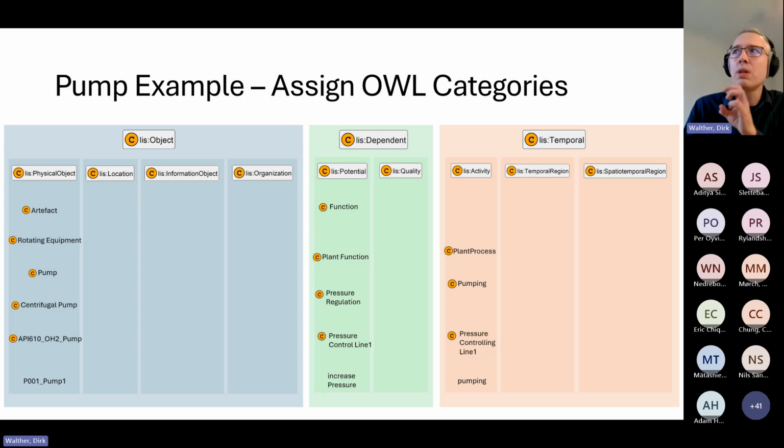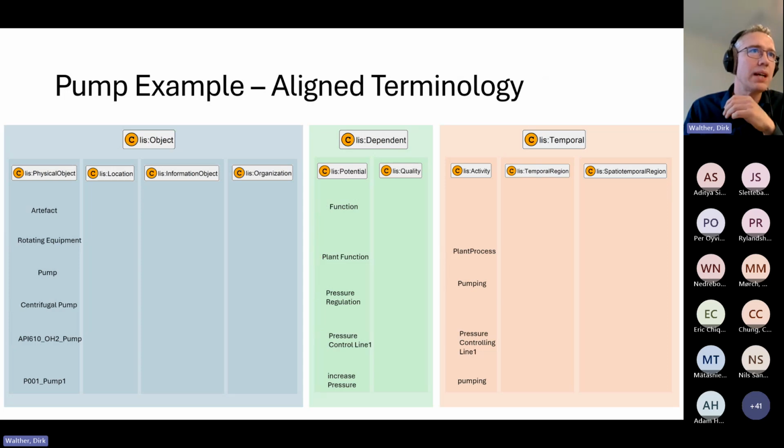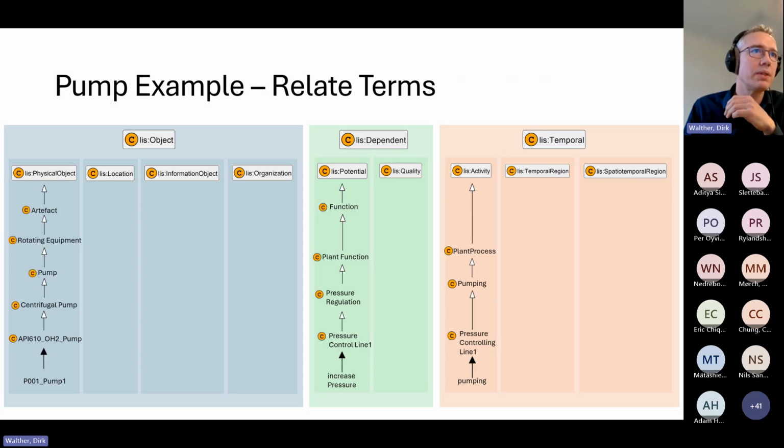Next, we need to relate these terms to one another, at least within their IDO category. So let's do that. We think about it and here are the relations. The arrows with the empty arrowhead denote the subclass-of relationship, and the arrows with the black arrowhead denote the is-member-of-a-class relationship. So we find that, for example, artifact is a subclass of physical object.